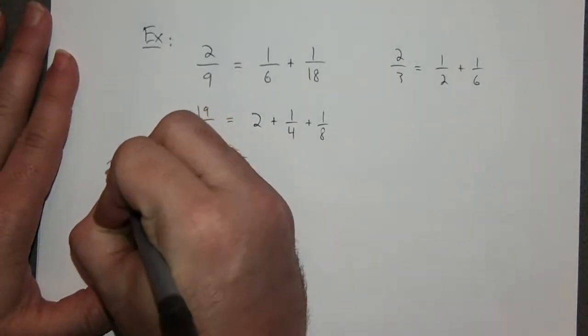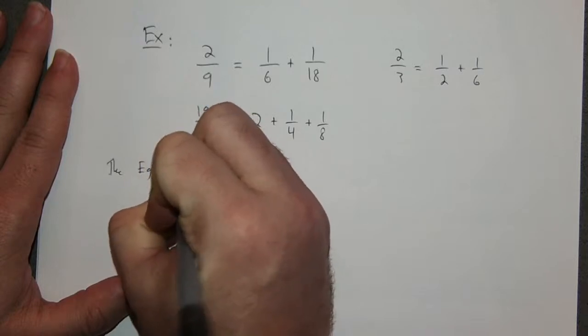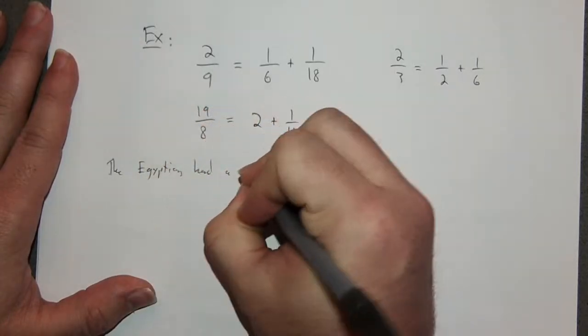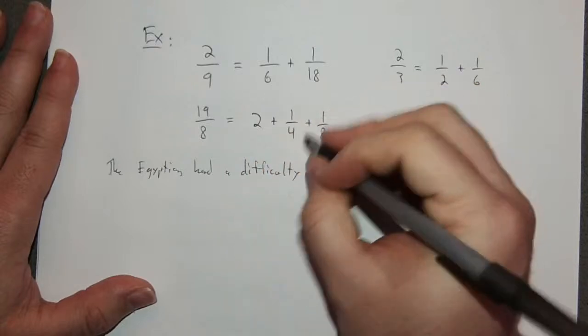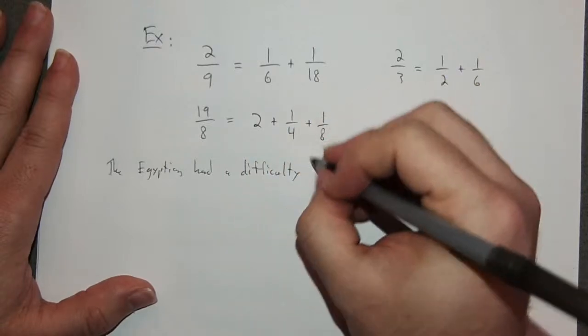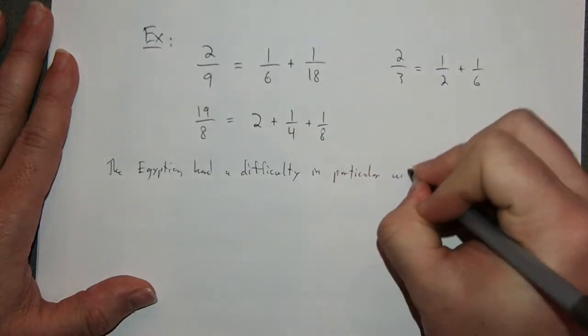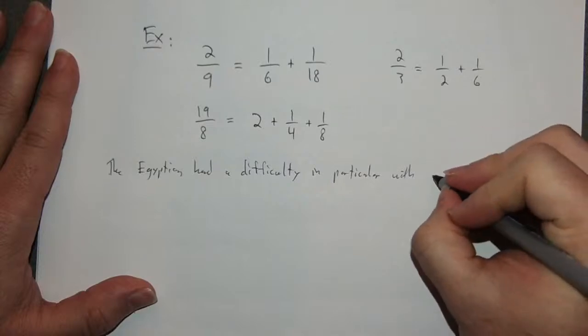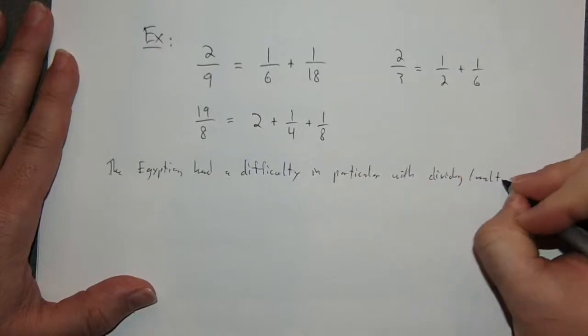The Egyptians had a difficult time dividing with fractions, in particular dividing and multiplying fractions because of this.